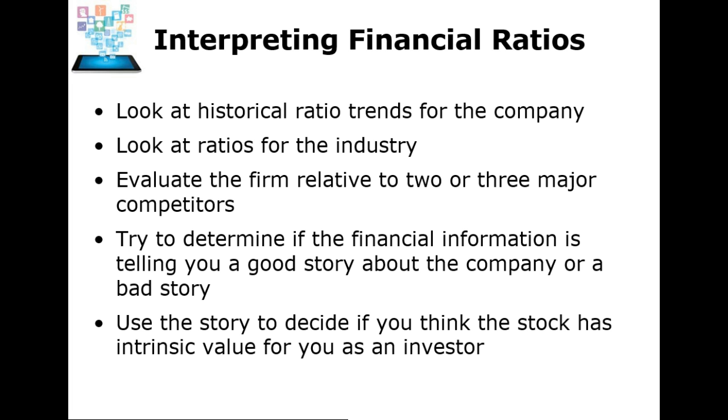So we want to interpret the trends, and we want to look at the ratios within an industry, because you can't compare retail to defense and defense to software. Every industry has its own specifics. Just like if you're being admitted to a graduate program, we'd look at somebody's grade point average from Yale quite differently than someone's grade point average from Hofstra. These are two very different schools.